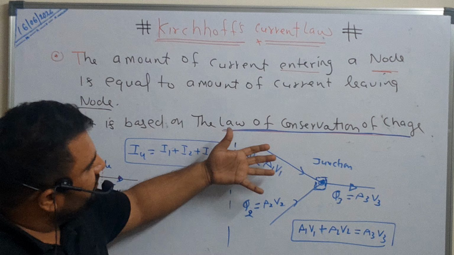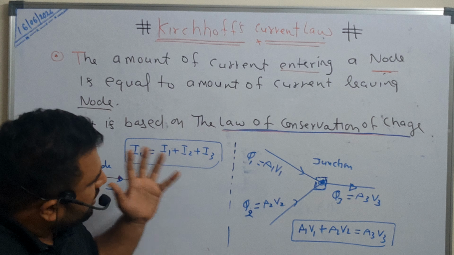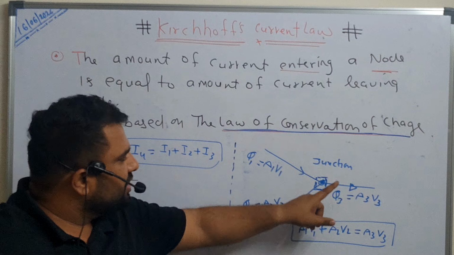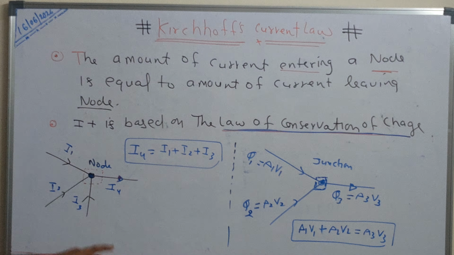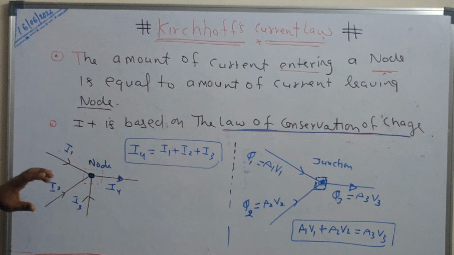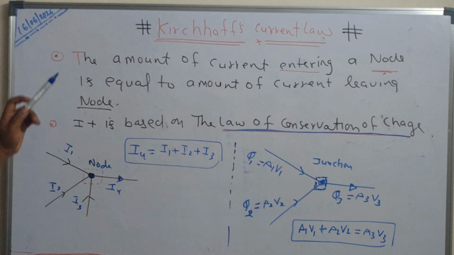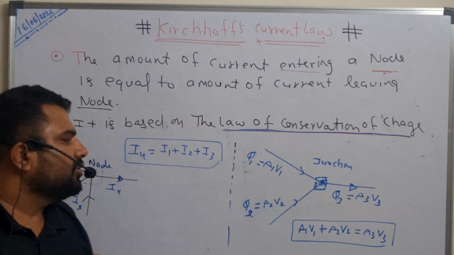Here water or any liquid flows, and the rate of flow of liquid coming toward the junction is equal to that leaving the junction, because a junction is where all three pipes meet at a point. Here, when more than three wires meet at a point, that is known as a node. Node and junction are both the same thing. That's why the Kirchhoff current law can also be called the Kirchhoff junction law.